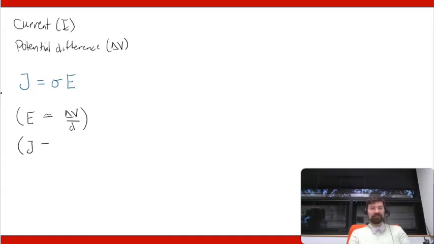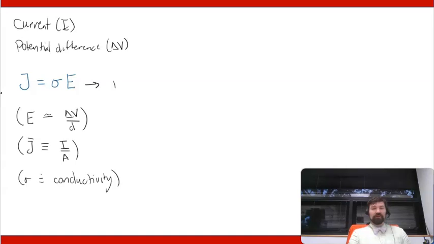J is basically defined as current per unit area, and then sigma again is what's called the conductivity of the material. And so this is sort of the microscopic view.